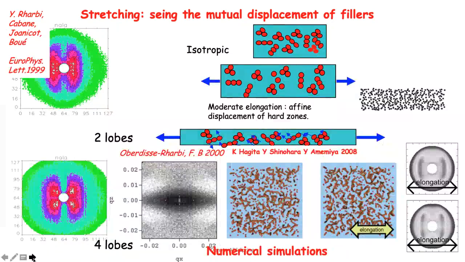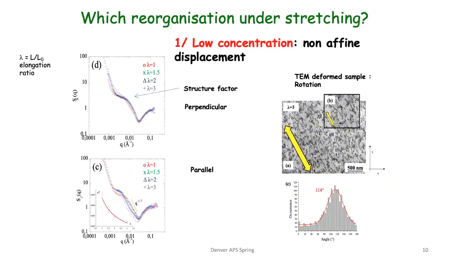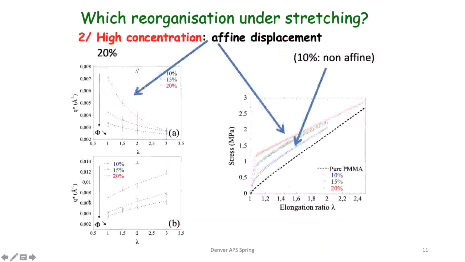So a priori, it seems to be explained, the displacement of particles seems to be well accounted for in the scattering, but in practice, I think there are still many complications and many things to understand along this direction. And I will show you just two examples.